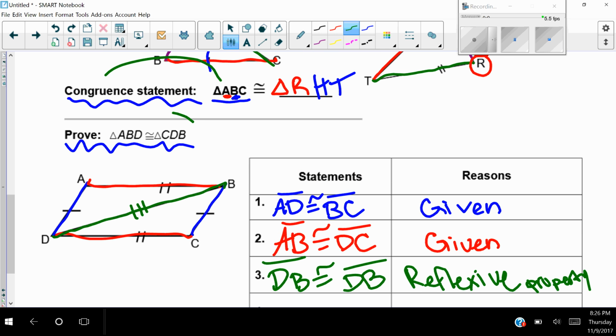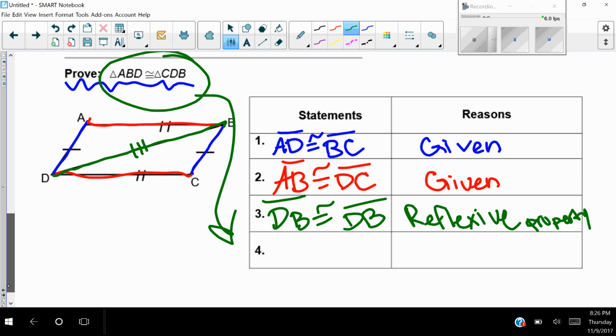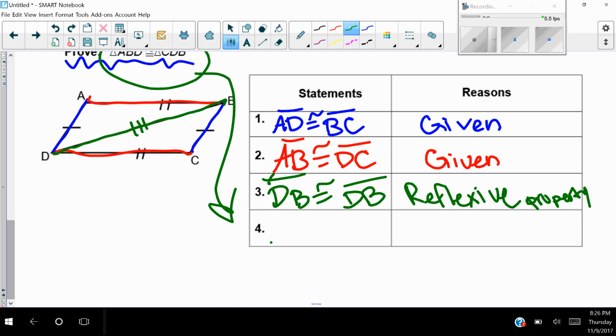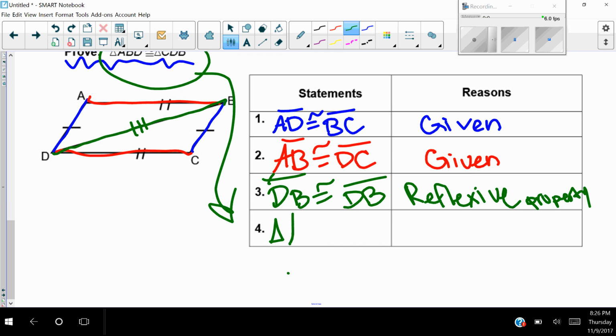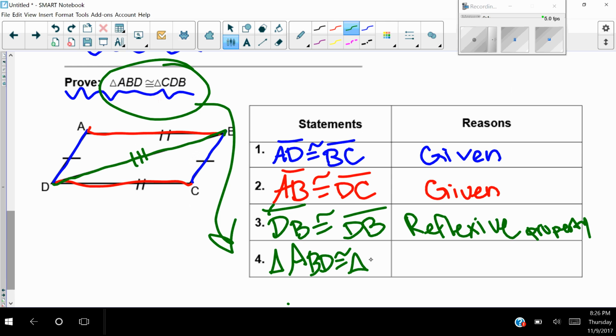What I'm trying to prove is going to go down here in number 4. And my 2 triangles are congruent. The order matters, so I have to write it in there just like they have it in there, and it's triangle ABD is congruent to triangle, and then same order, guys, CDB.